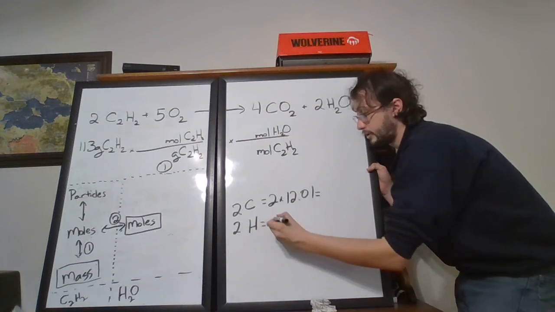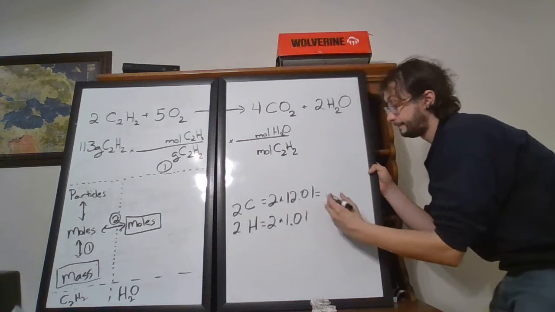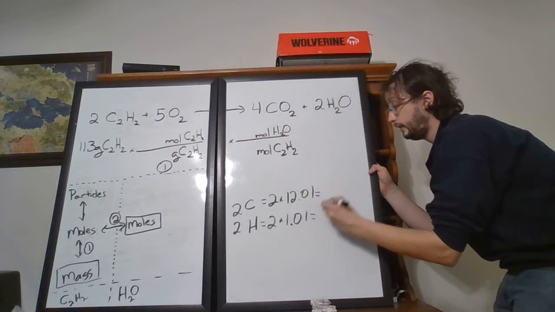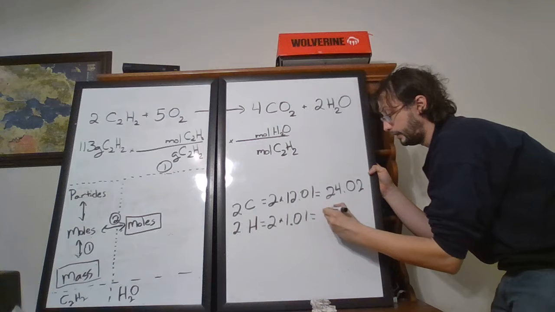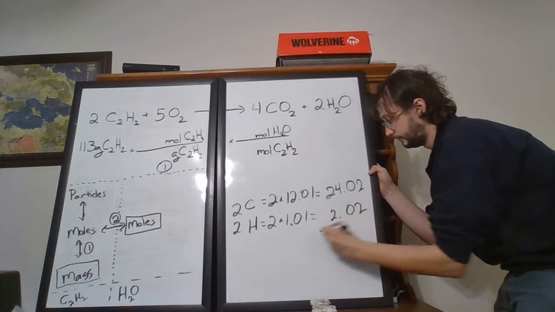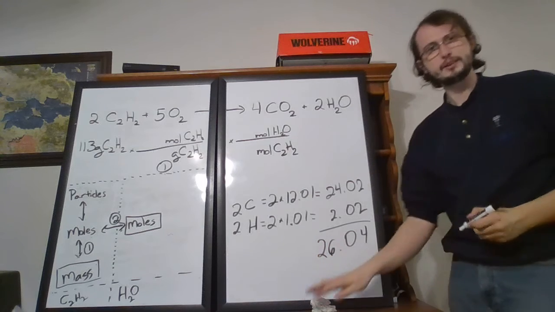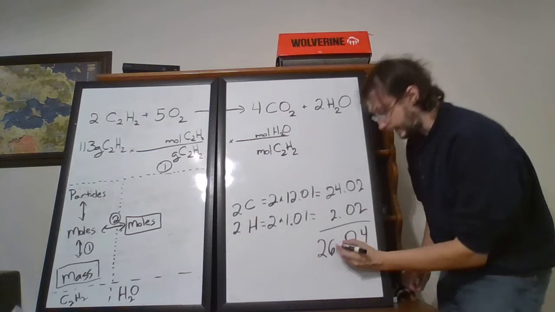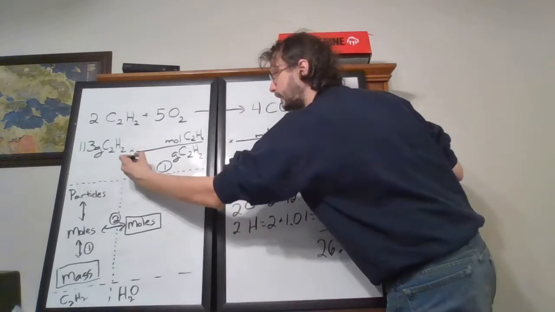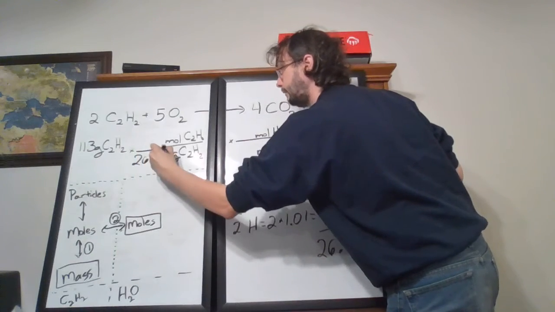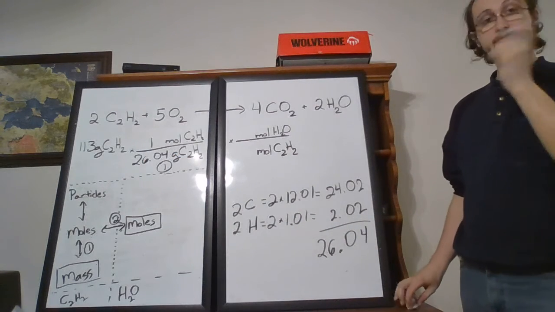And we've got 2 hydrogens, and the molar mass of hydrogen, to 2 decimal places, is 1.01. 2 times 12.01 is 24.02. 2 times 1.01 is 2.02. We add them up, and you get a nice 26.04. So that's how many grams are in a mole. So 26.04 goes with grams, 1 goes with moles. So that's that first conversion factor.